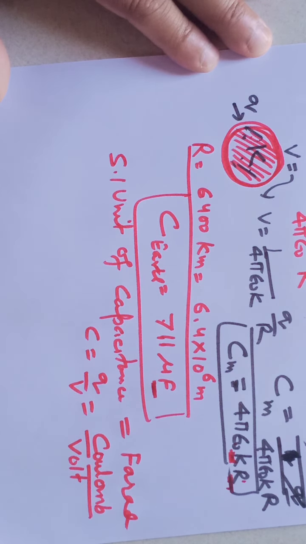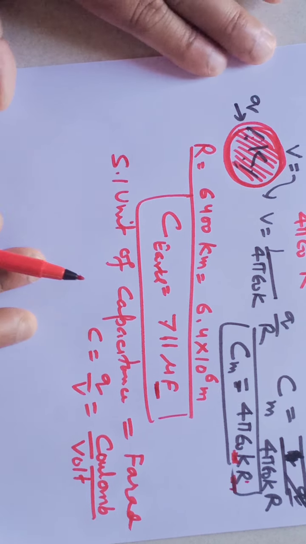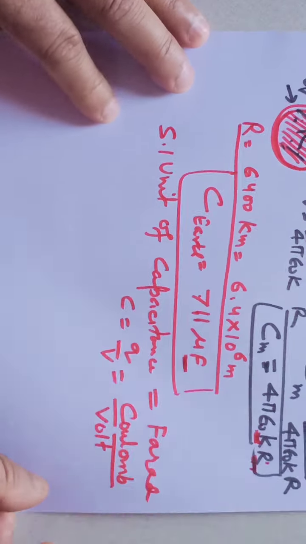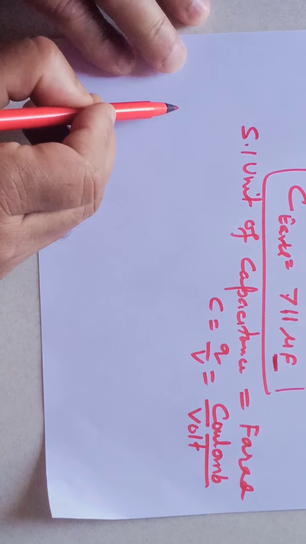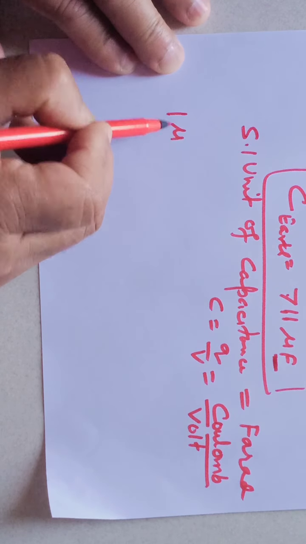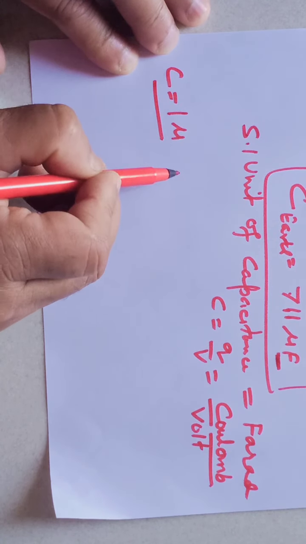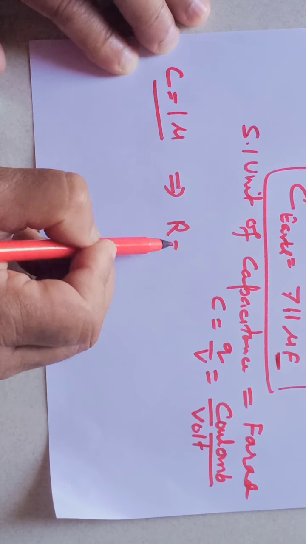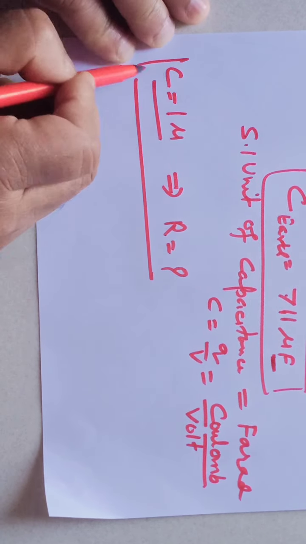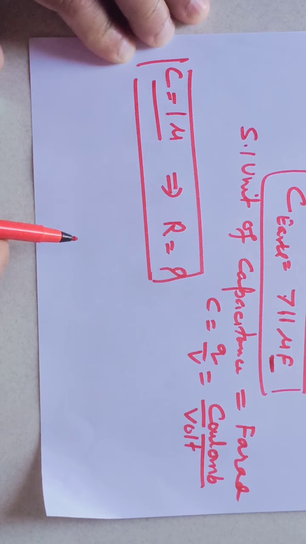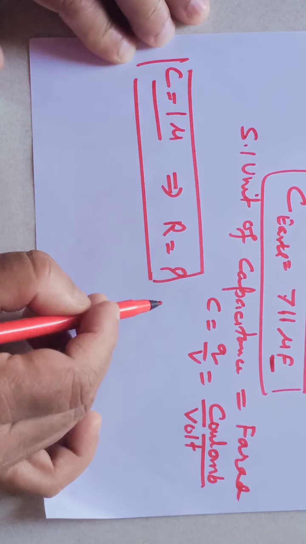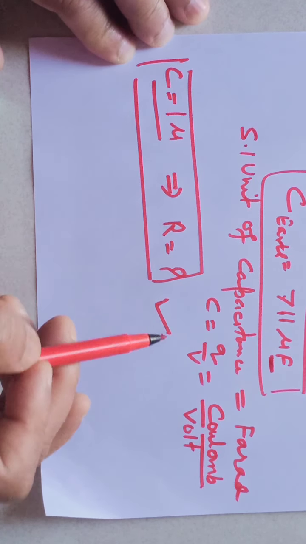And this is called farad. Now this is another assignment. If you want to make a conductor of 1 farad capacitance, what will be the radius of that spherical conductor? This is one of the assignments we have to do. So I will ask you later on.